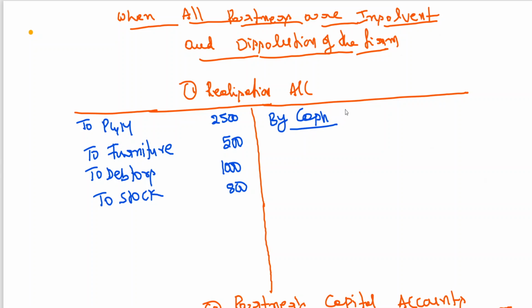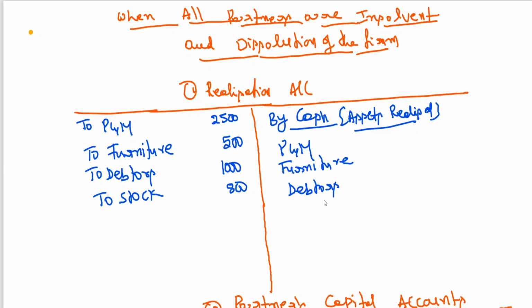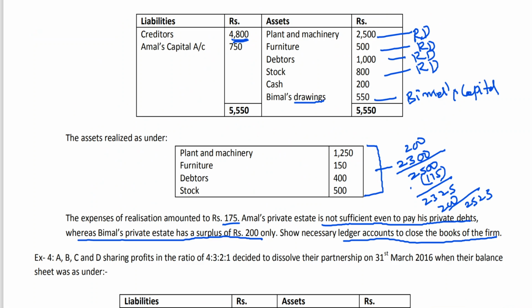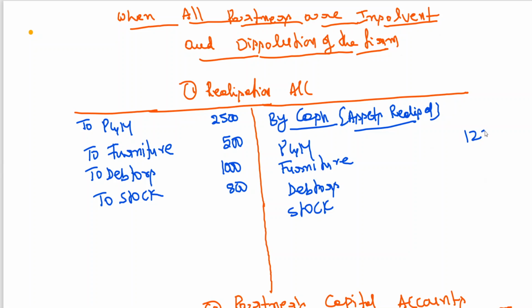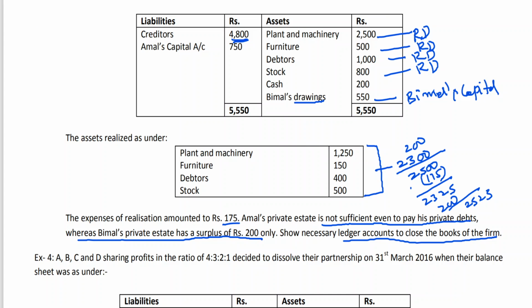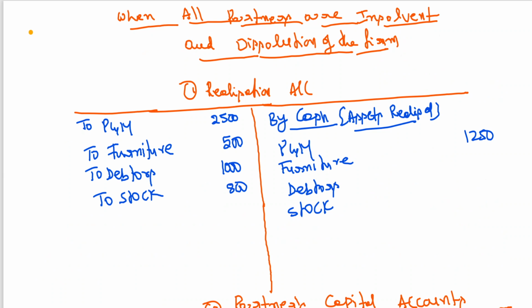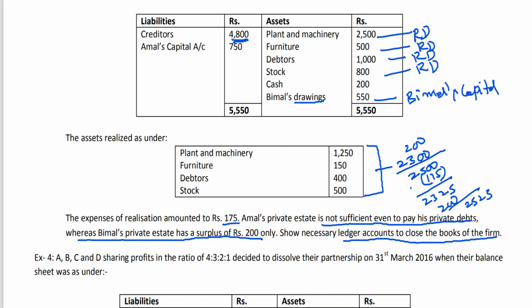By cash, at values: plant and machinery 1250, furniture 150, debtors 400, stock 500.